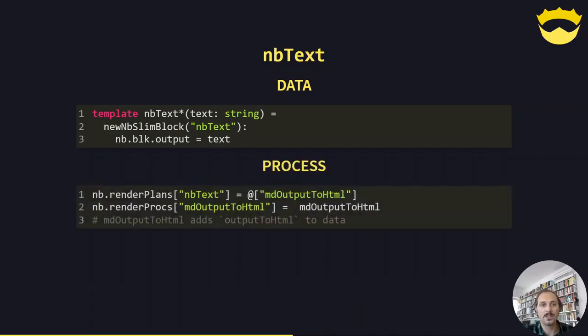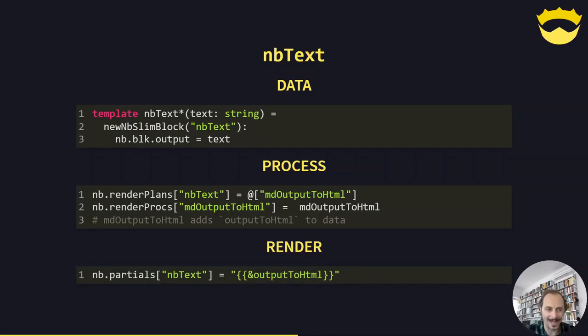This block will need a processing. In particular, we will convert the markdown text to HTML, and there will be a procedure called nbOutput.html, which adds another set of data to the context, output to HTML.